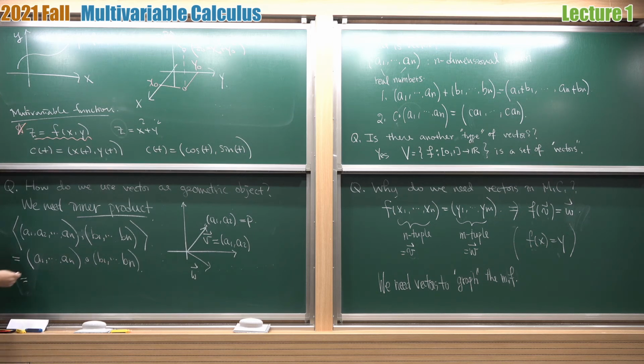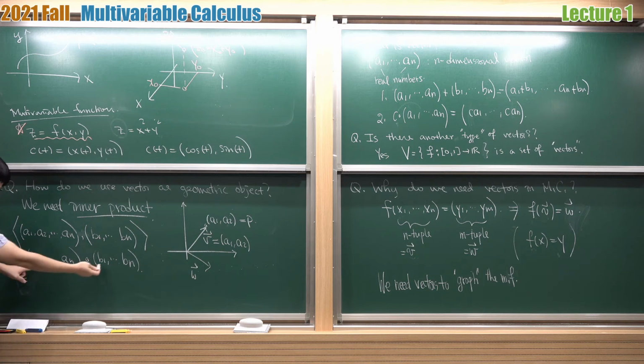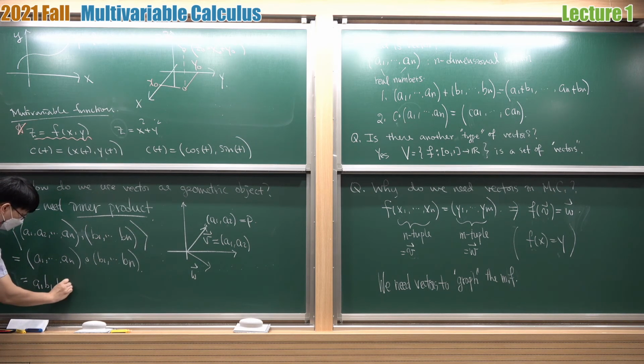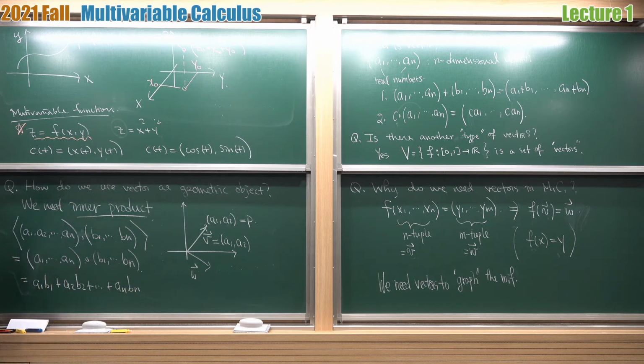It is defined to be the sum of products of each coordinate. For example, A1 multiplied with B1, added to A2 multiplied with B2, and so on up to AN multiplied with BN. So that's the inner product.